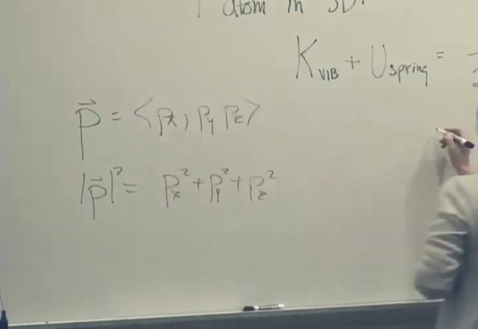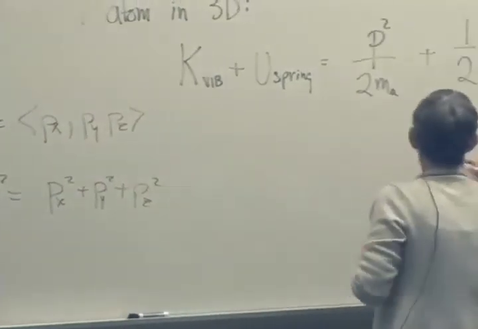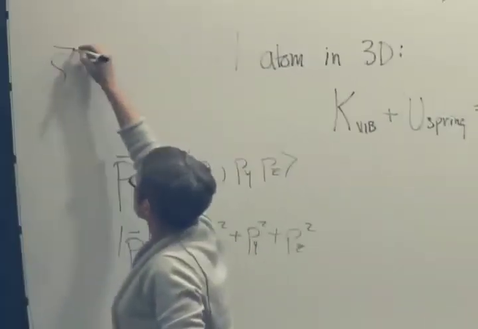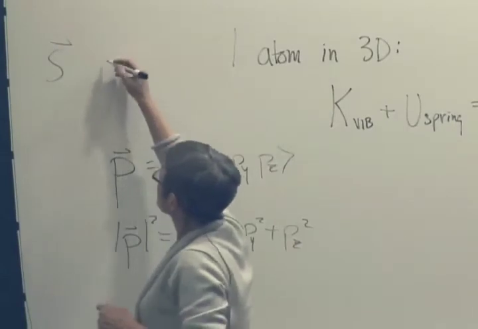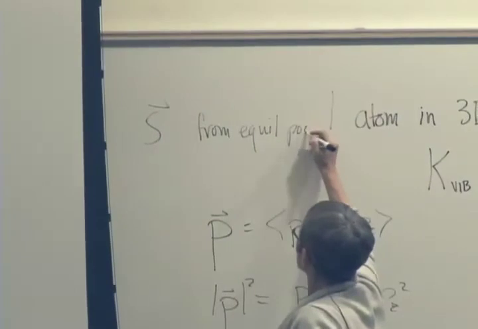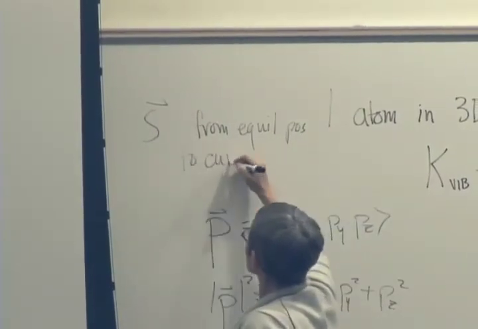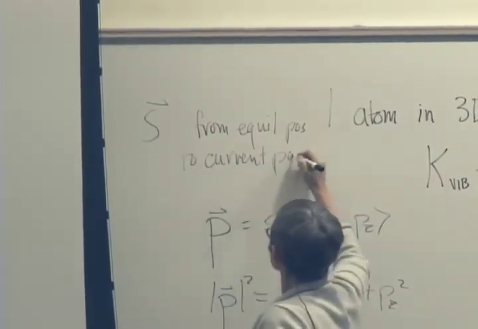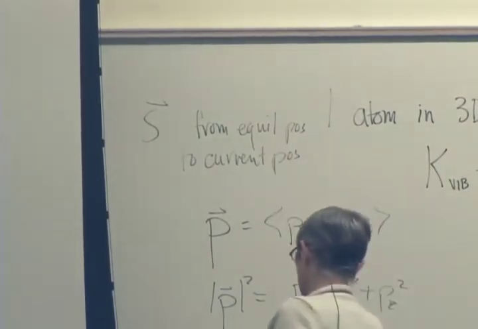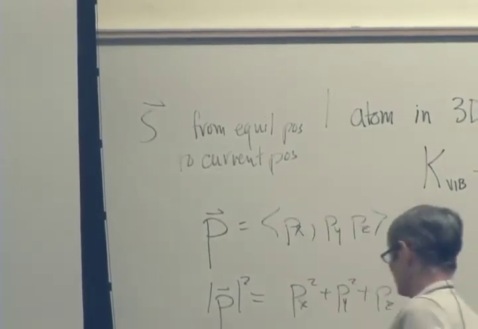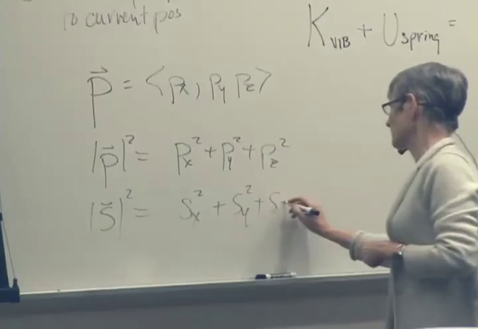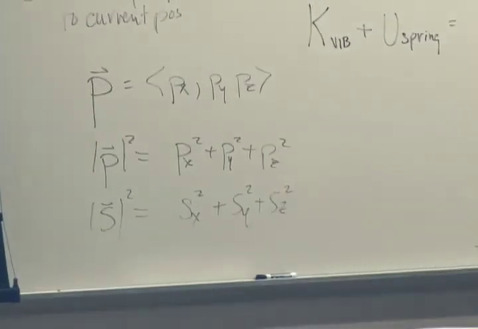So we can actually write this, and if we consider the stretch to be a vector from the equilibrium position to the current position, then S squared is just the x component of the stretch squared plus the y component of the stretch squared plus the z component of the stretch squared.